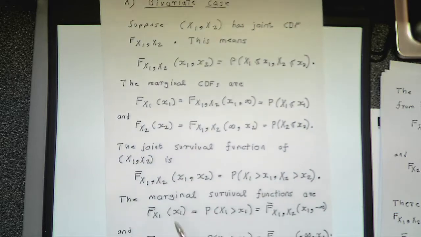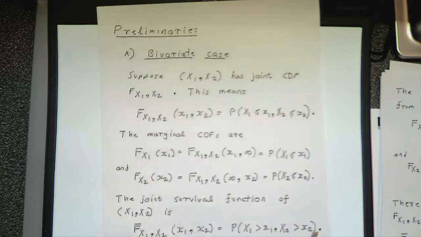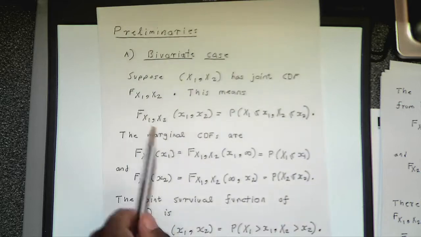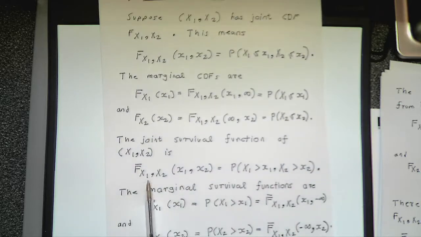And there's also something known as the joint survival function, which is defined by this and is denoted by F bar. So F denotes the joint CDF, whereas F bar denotes the joint survival function and is defined to be this. And there are also marginal survival functions, which are this and this, right?